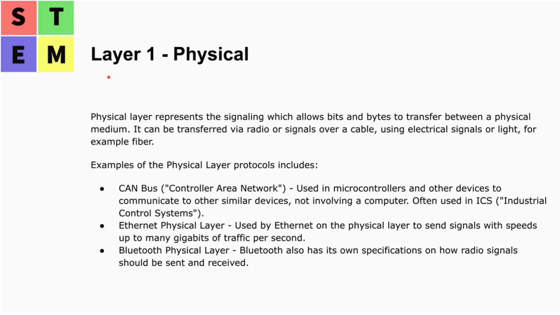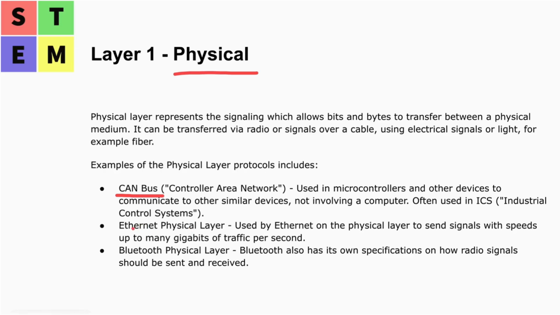And we get back to layer 1, the physical layer. The physical layer represents the signaling, which allows bits and bytes to transfer over a physical medium. The physical layer protocols here include the Controller Area Network bus, CAN bus, used in microcontrollers and other devices to communicate with each other, similar devices.